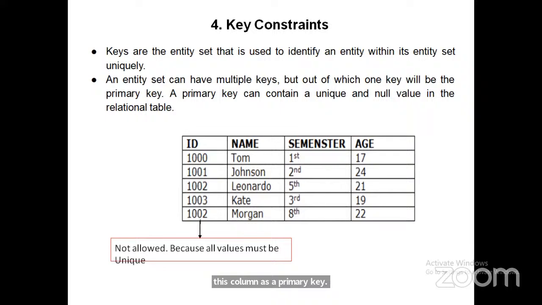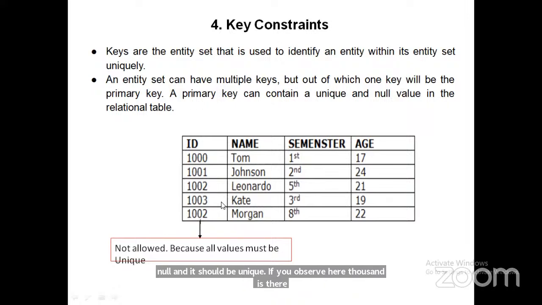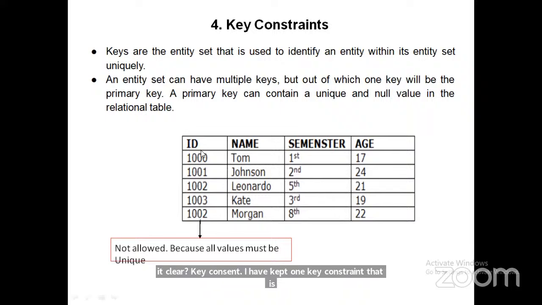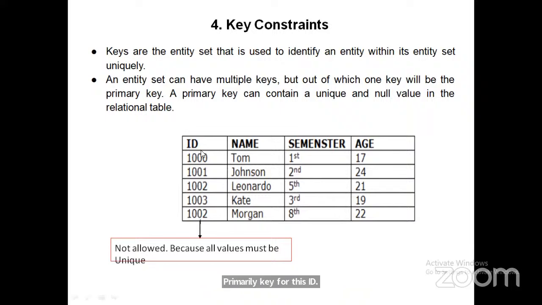Primary key should not be null and it should be unique. If you observe here, 1000 is there, 1001 is there, 1002 is there, 1003 is there, and again 1002 is repeated. It is invalid. Why? The primary key should have unique values. Is it clear? I have kept one key constraint, that is the primary key for this ID. Is it clear?